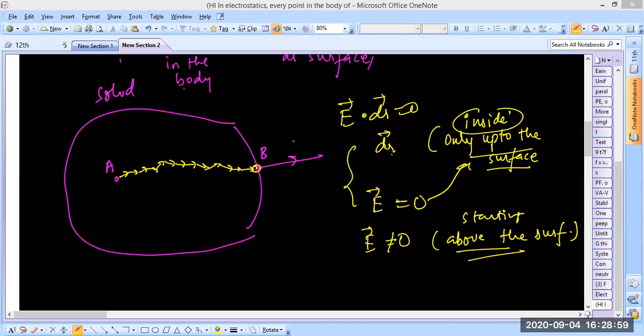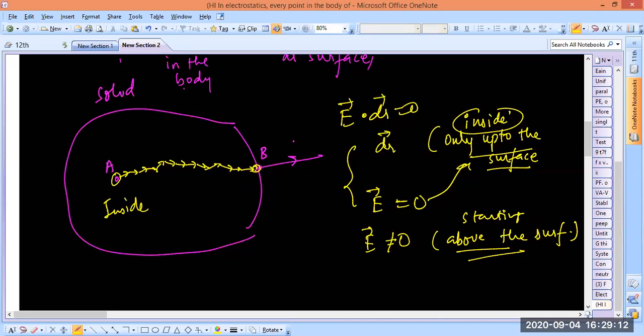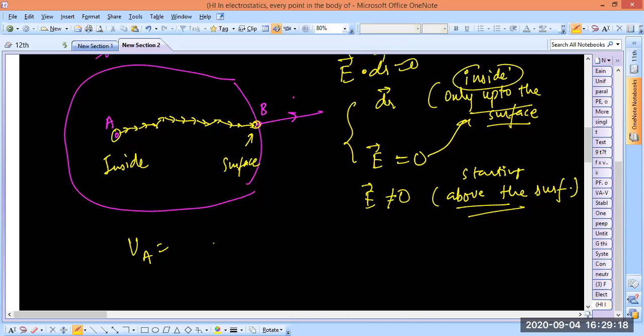Okay, now to answer Joy's question. Joy said, how is V inside equal to V at the surface? Joy, I'm saying that this point A is inside, and this point B is on the surface. I hope you understood that we got VA equal to VB, because E vector dot dr vector is 0.